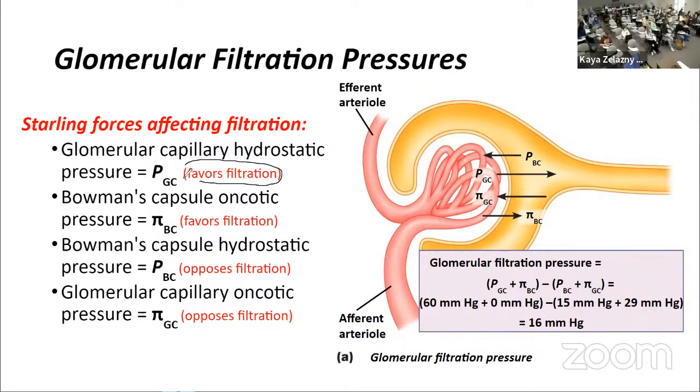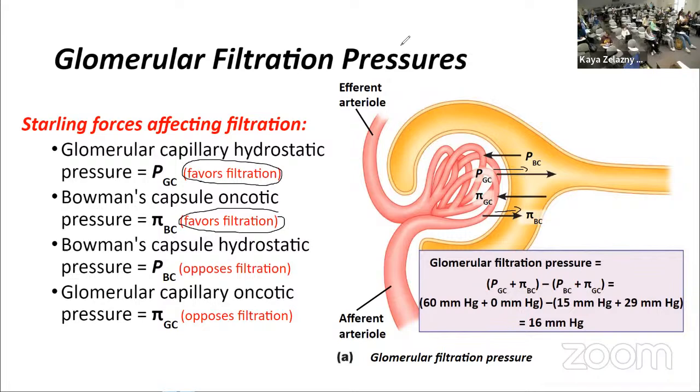So forces that either push fluid into the nephron or pull it into the nephron, right? So we can have a push or we can have a pull, but filtration is always this direction into the nephron, into Bowman's capsule. So we'll end up adding together these forces for filtration, okay?